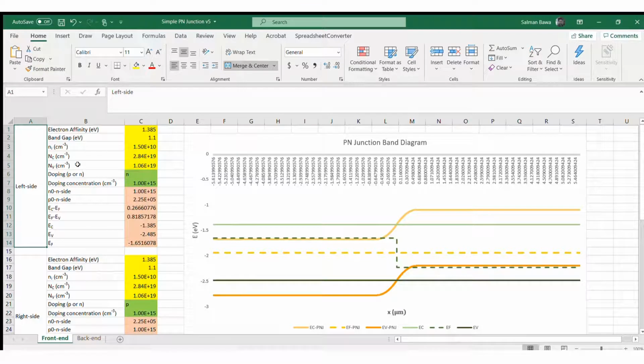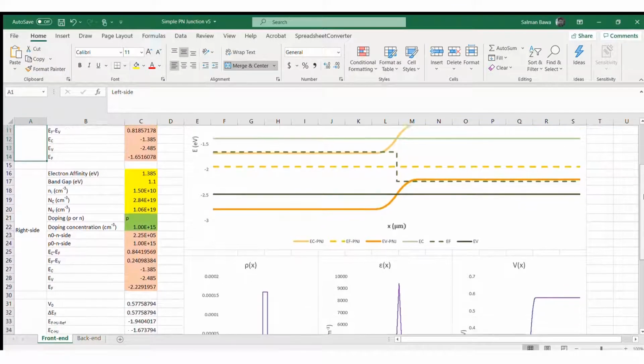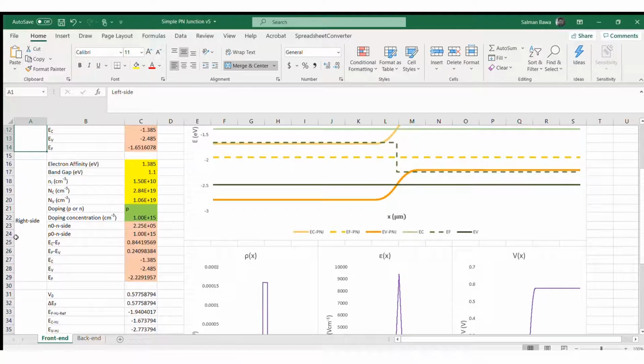In this particular case, you can see from the green highlighted box that it is an n-type with a doping concentration of 1 exponential 15 per centimeter cube. And then here you see the right-hand side of the junction and its parameters. You can see that in this case, it's a p-type doping with 1 exponential 15 per centimeter cube doping concentration.